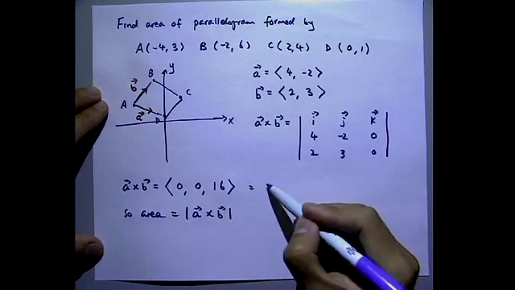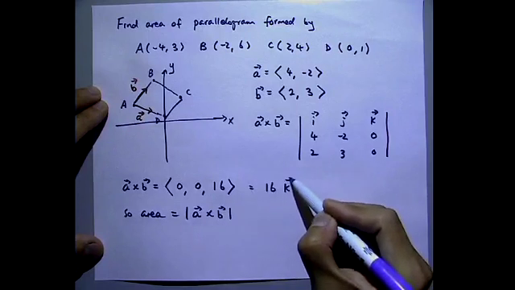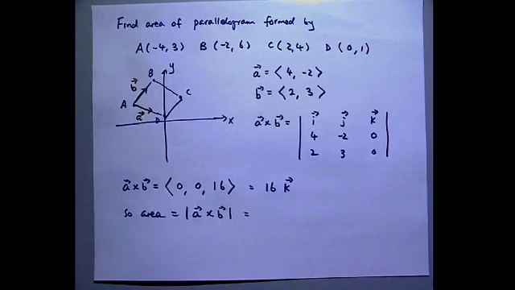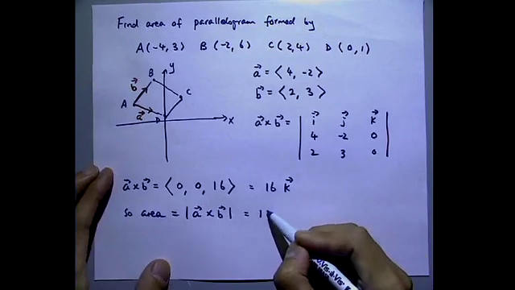So this is also equal to 16K. And K is a unit vector. Magnitude is 1. So the 16 determines how long this entire vector is. And it turns out to be 16.